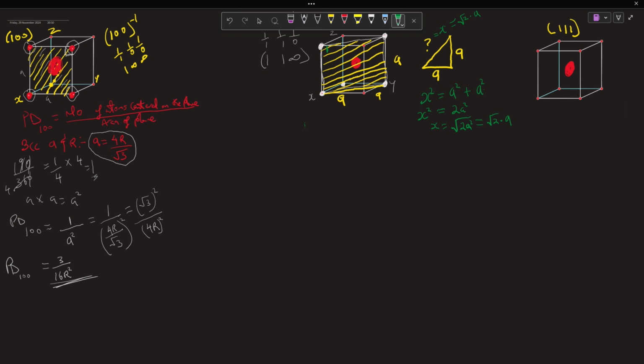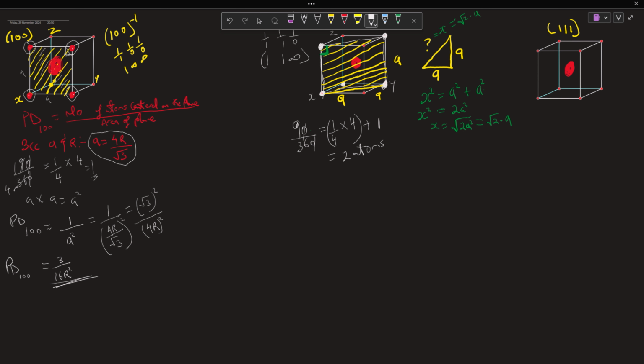Right here we have 90 degrees on our 360 circle, so for the number of atoms we have 90 over 360, which is 1 over 4, times 4, because we have it in 4 places: 1 here, 1 here, another 1 here, and another 1 here. Then plus the 1 centered atom, which is going to be equal to 2 atoms.